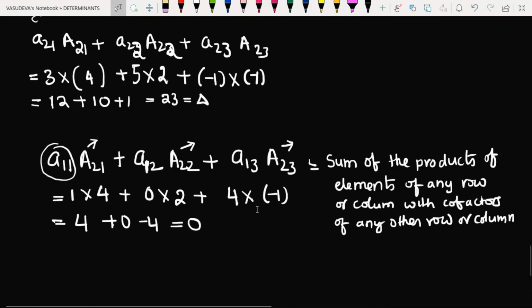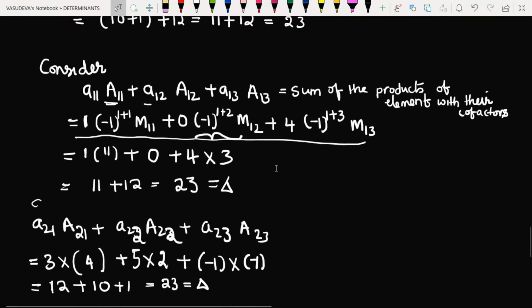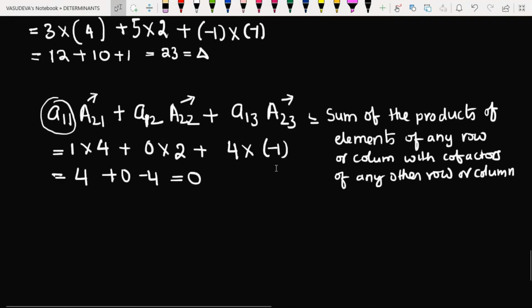But with the other cofactors, you will get the value as 0. So this is the most important thing, and from this we can come to the very important conclusion that the sum of the products of the elements with their cofactors is the value of the determinant. The sum of the products of the elements of any row or column with the cofactors of any other row or column is 0.